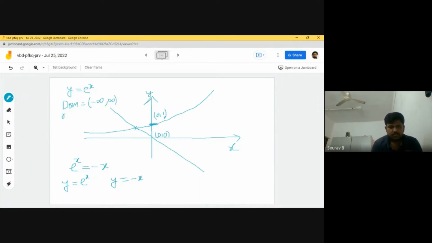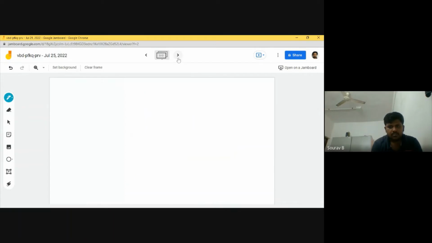Going to our next graph, one graph can be like that. You can be given y equal to e to the power minus x.